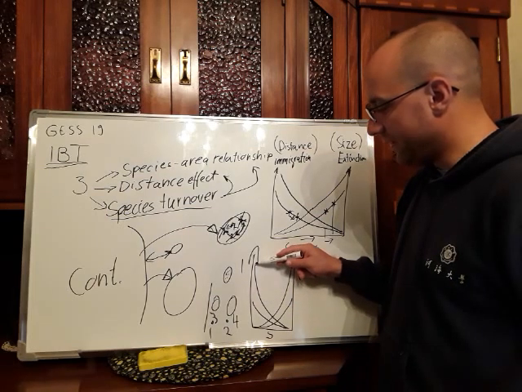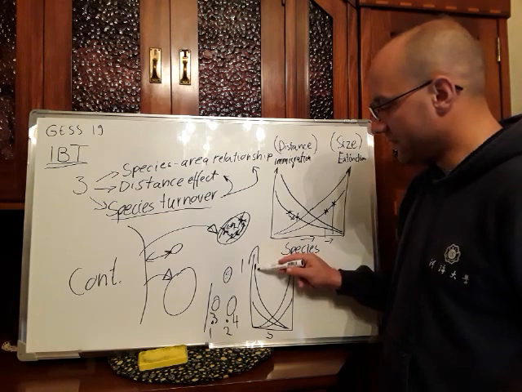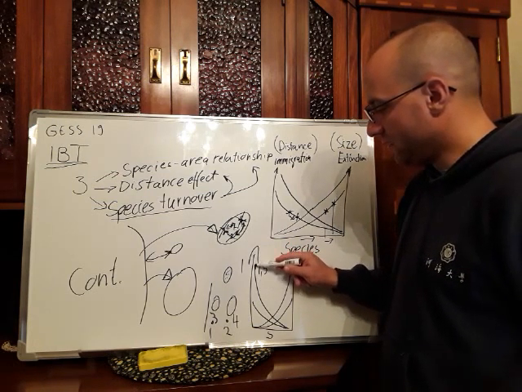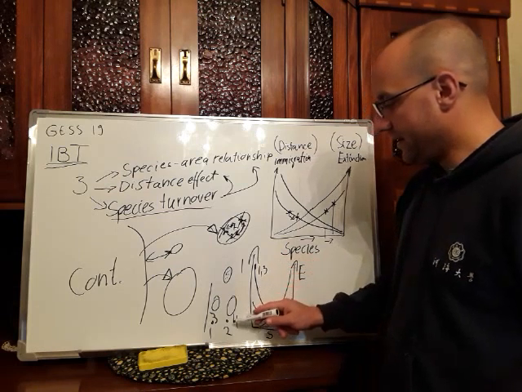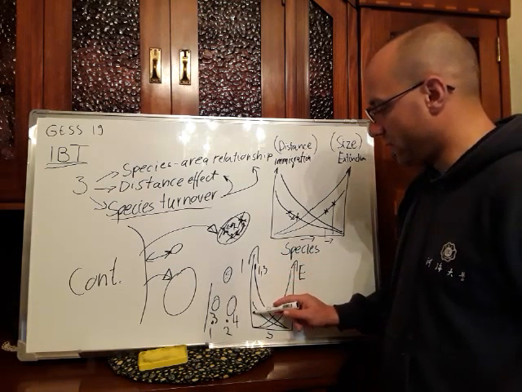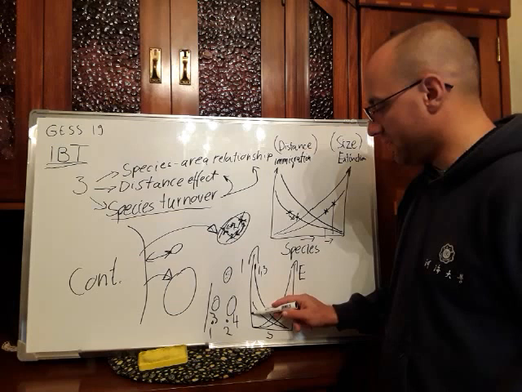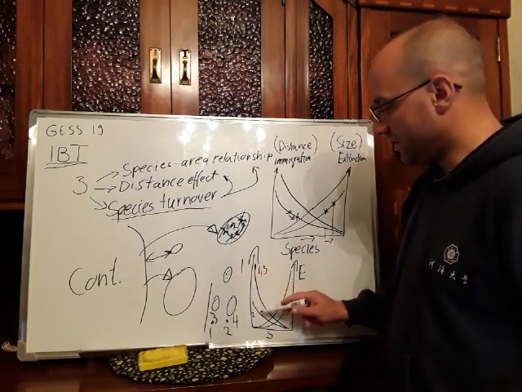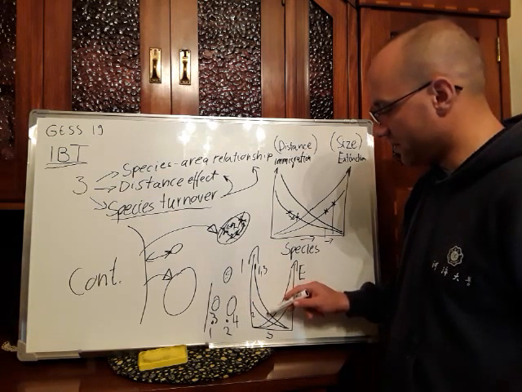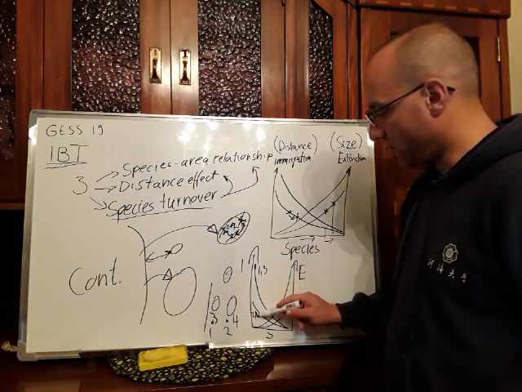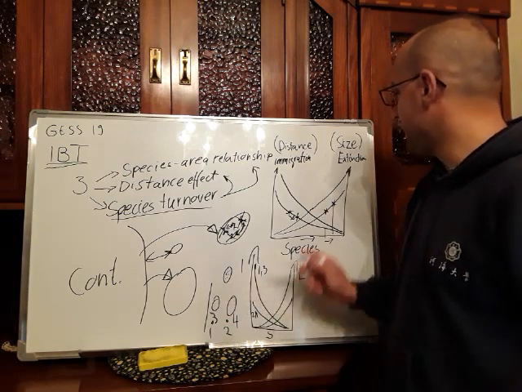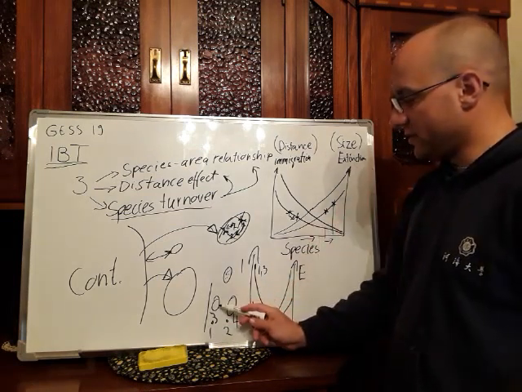And a close island will have higher immigration rates. So number 1 and number 3 will be on this curve, and number 2 and number 4 will be on another one. We say that the distance is the same, so 2 and 4 will have the same curve here. And we can also say that size will matter in case of extinction.